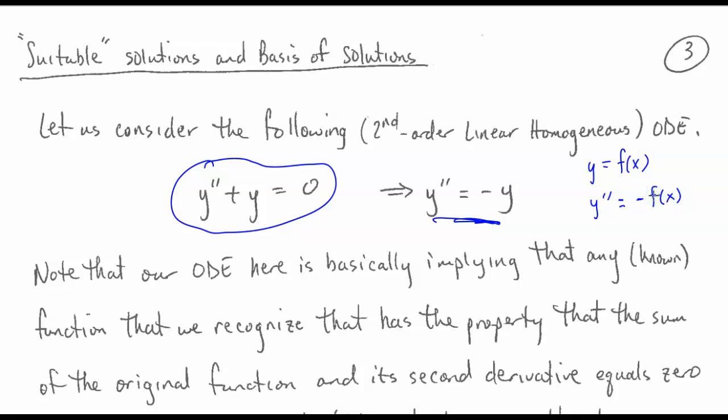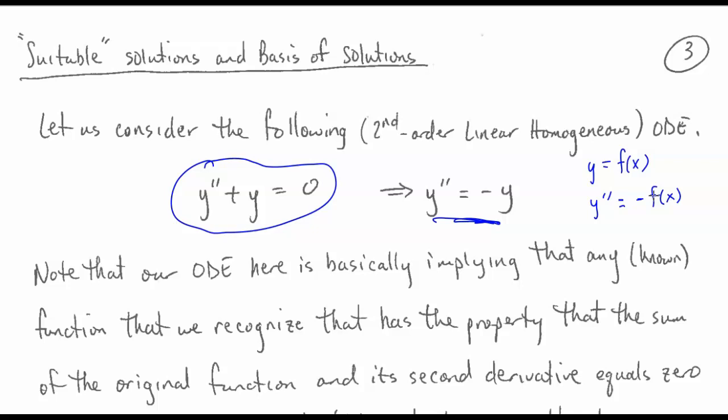Okay. So for this particular ordinary differential equation of the second order, any function where if I take that function, take the second derivative of it, and it looks like the opposite of what I originally had, it would be a suitable choice, okay, to satisfy that particular differential equation.